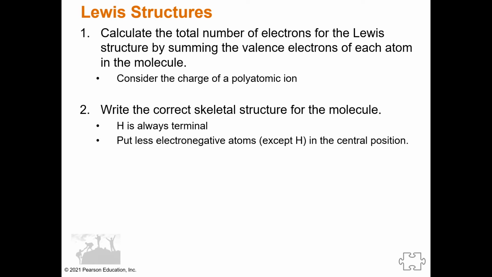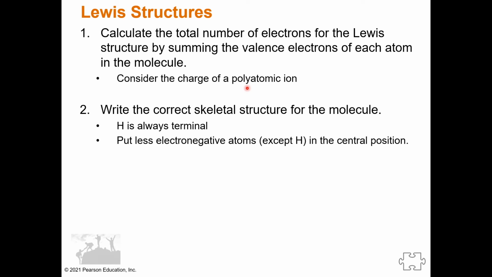So the first step is figuring out the total number of electrons that you would need to draw out the structure. You do that by adding up the valence electrons from each atom. Now, if you are trying to draw a polyatomic ion, you have to consider the charge magnitude of that ion.